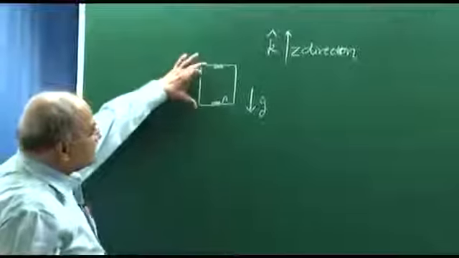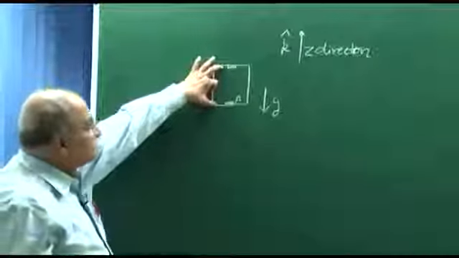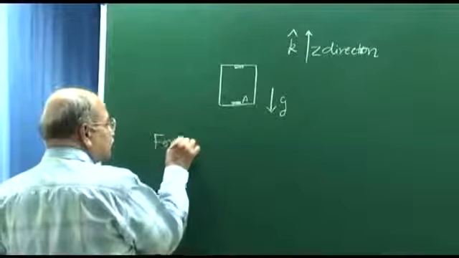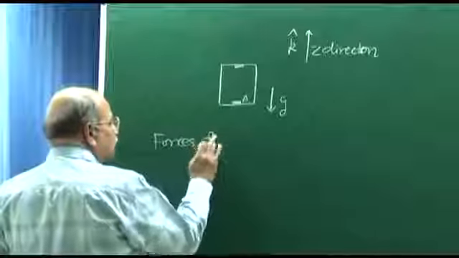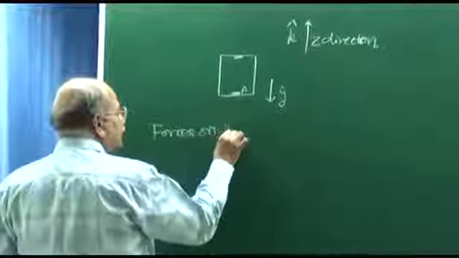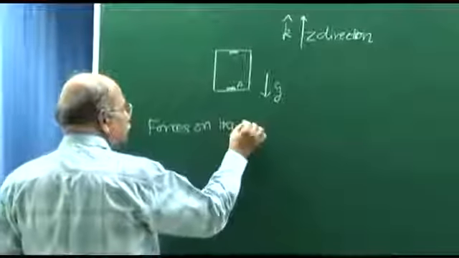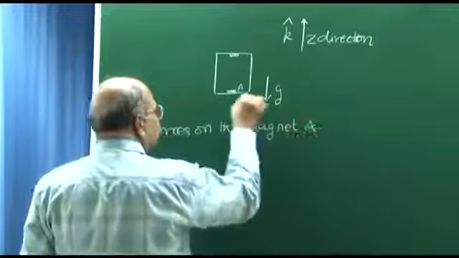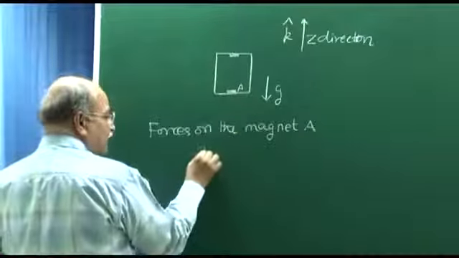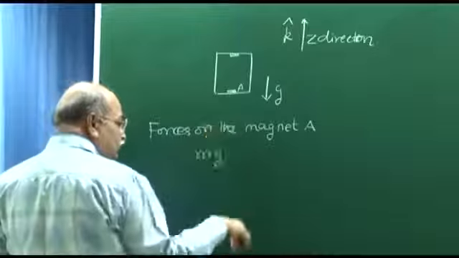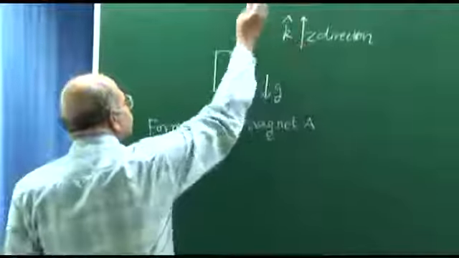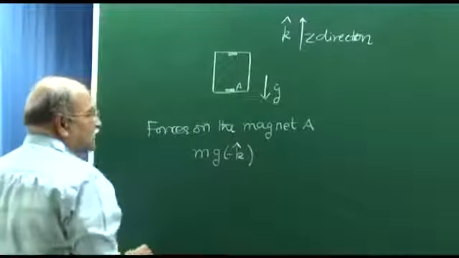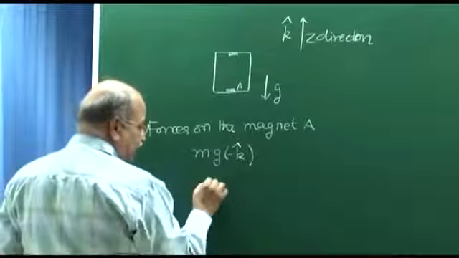And now I will analyze this from the box frame. So, forces on the magnet A. What are the forces? Weight mg, which is in downward direction, we have taken z direction upward, so minus mg k cap. So this is the weight.